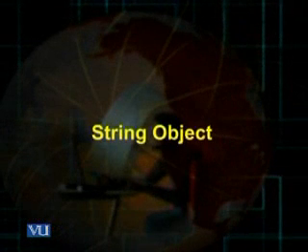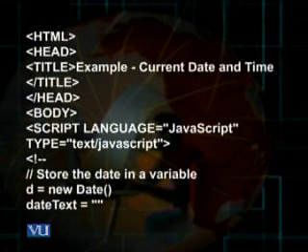On the screen, I have written code to generate this date in this particular format for me. HTML tag, head tag, title tag, then comes the body tag, where I use the script tag, language JavaScript, type text/javascript, and then within the comment mark I store the date in a variable.